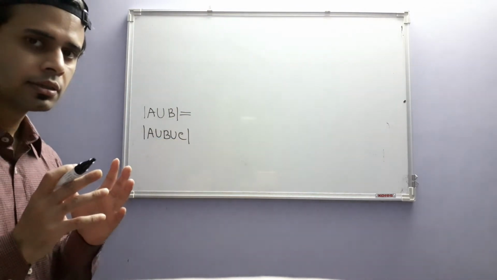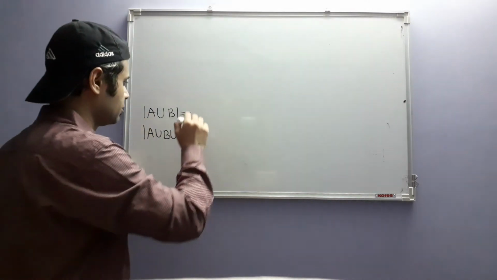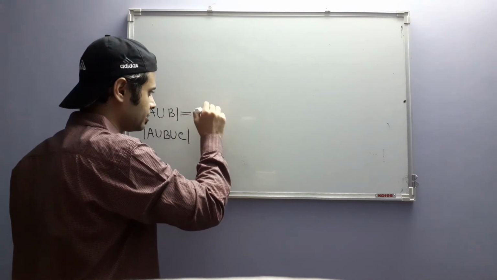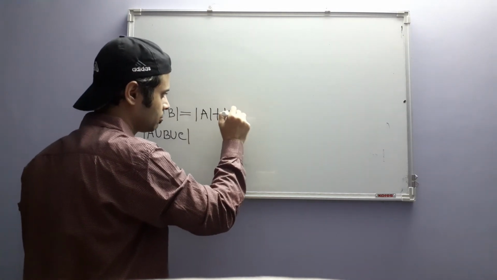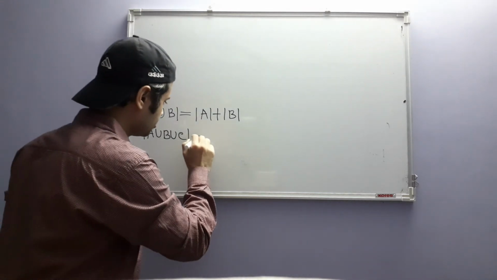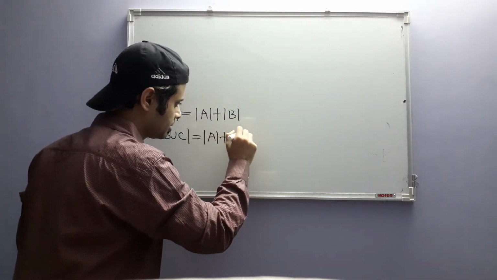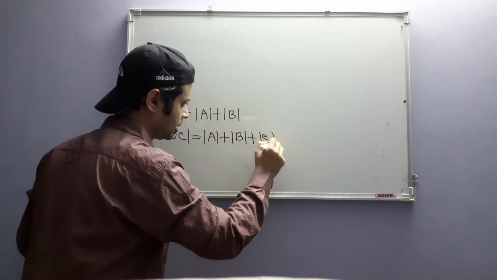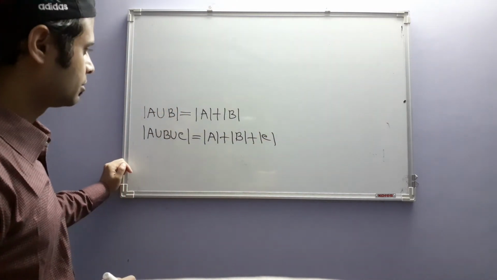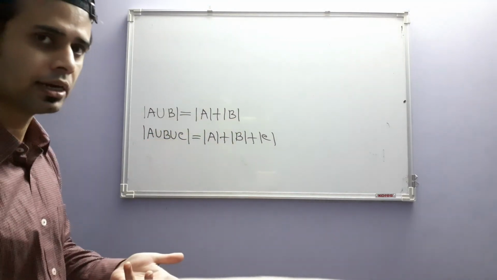First you take cardinalities of single sets, okay, and you always add them. Here also you take cardinalities of single sets and you always add them. That's how you start. After that, so this is plus, after that comes minus.